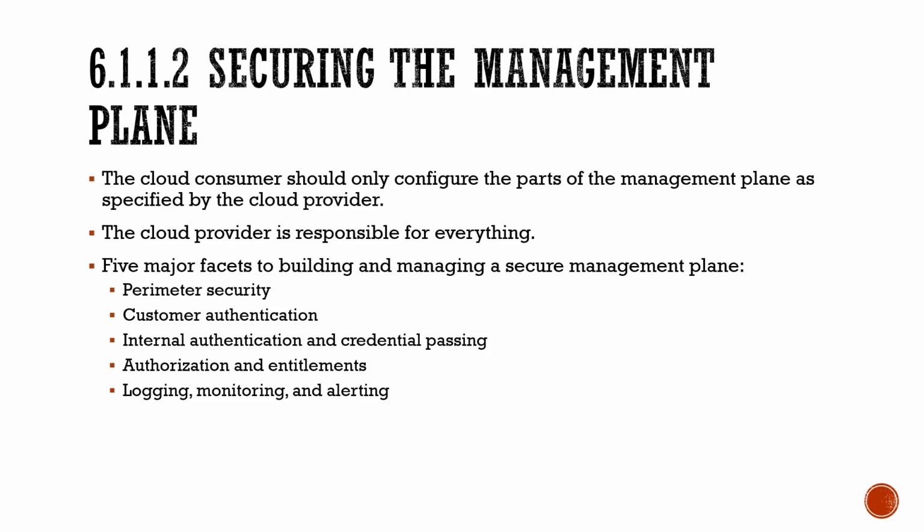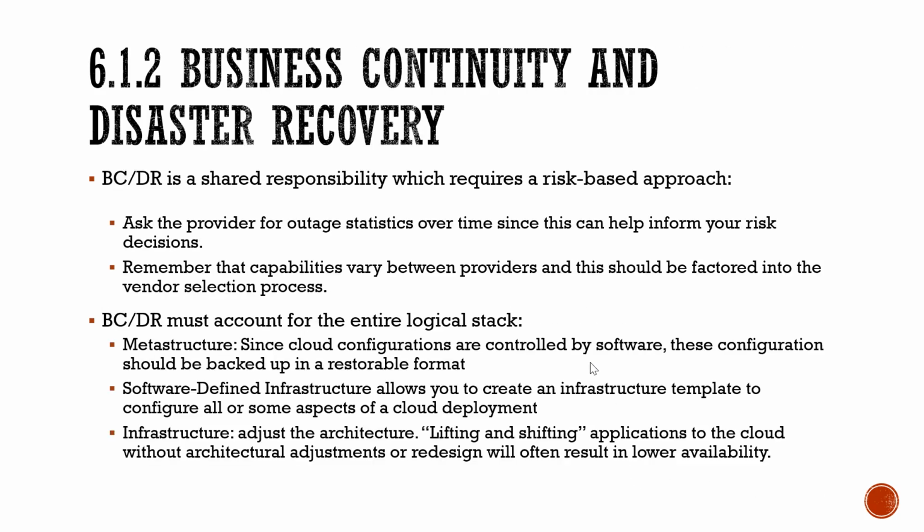And then, of course, logging, monitoring, and generating alerts. Alerts can go a long way towards warning that disaster is pending, and in some cases can be used to ward off a catastrophic failure.